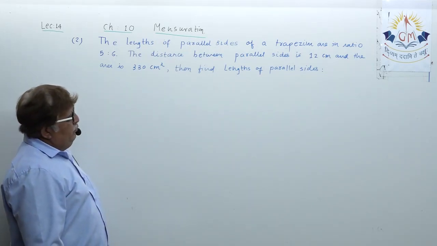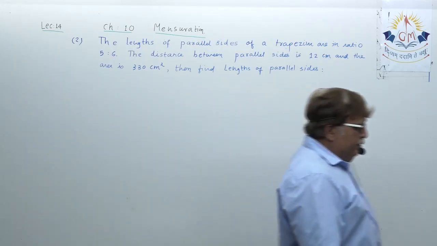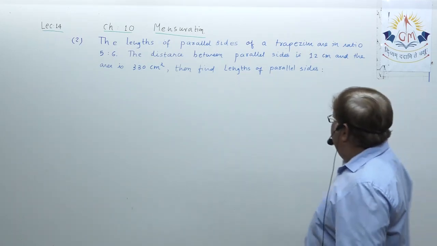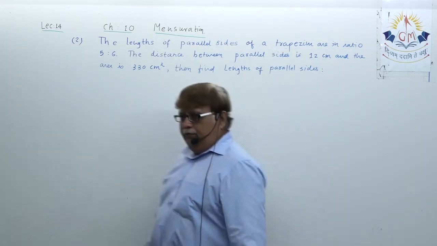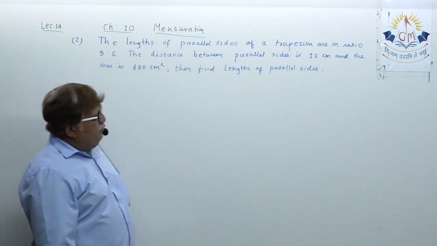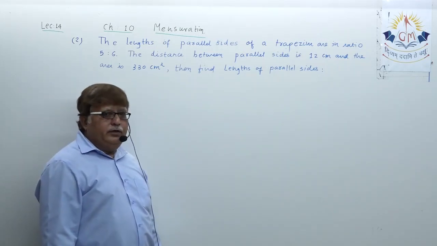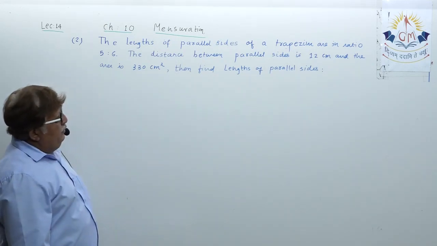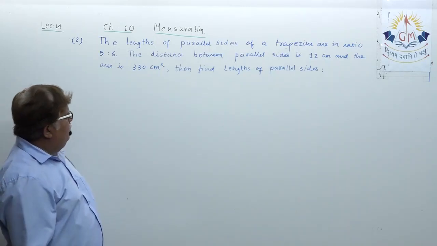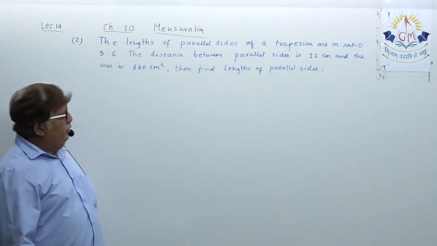The lengths of parallel sides of a trapezium are in ratio 5:6, and the distance between parallel sides is 12 centimeter, and the area is 330 square centimeter.